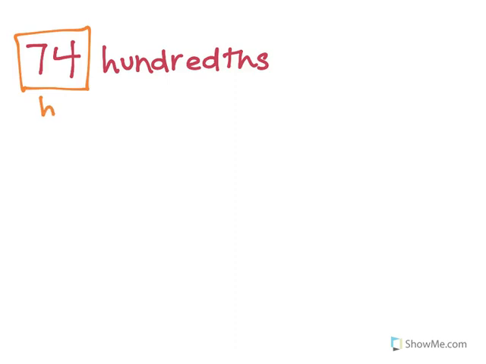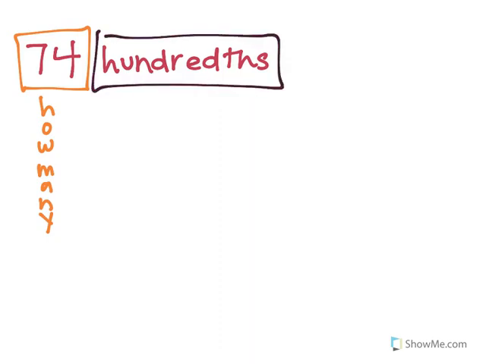Okay, let's try another one. Let's say 74 hundredths. Remember, this number represents how many hundredths I have. This tells me my place that I'm in.